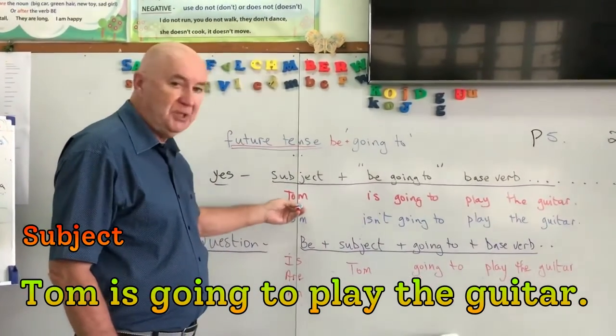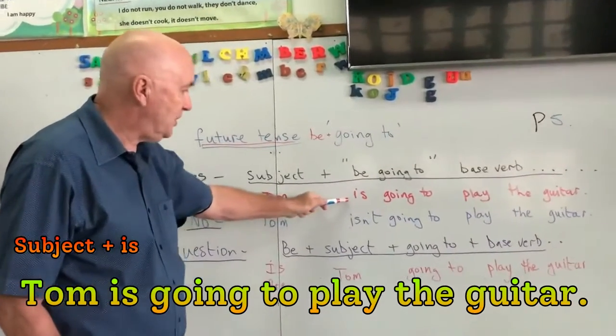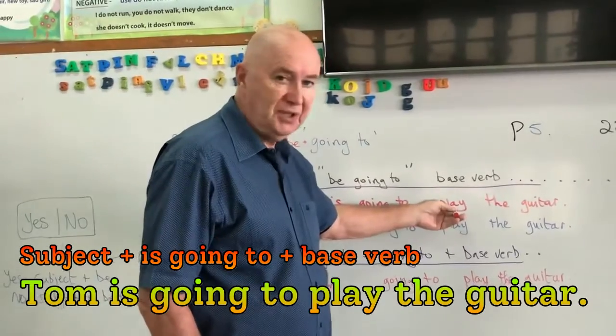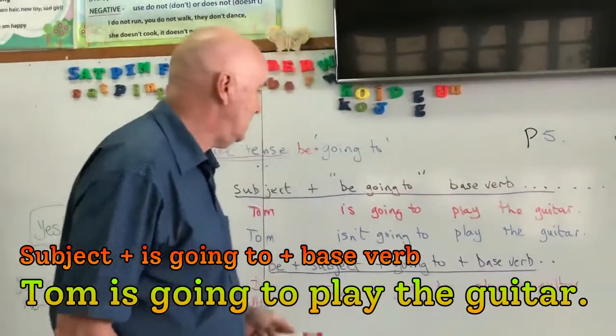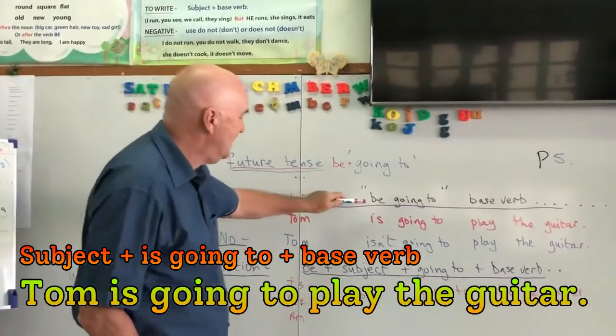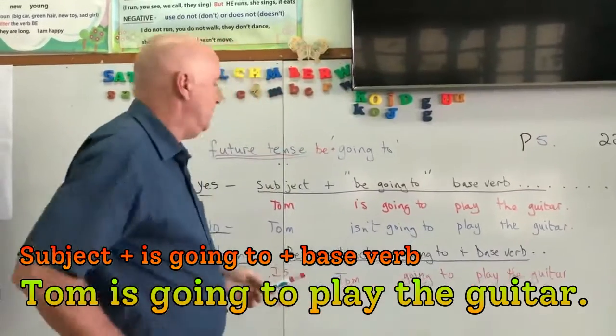Subject is Tom, who we're talking about. Tom is he, so it must go with is, and then going to, and then what's he going to do? Play the guitar. Tom is going to play the guitar. So it looks like this. Subject, is, am, are, going to, and then our base verb.